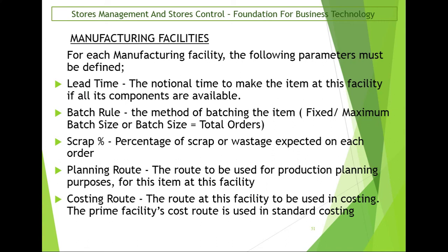Then when you are manufacturing a specific item in a factory, there is what we call a planning route that you can define for that item. This is because a factory usually has different workstations. Let's take, for example, a factory that is having a place where you do cutting, another place you are doing drilling of holes, another place you are doing welding.